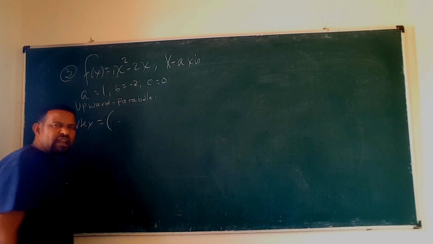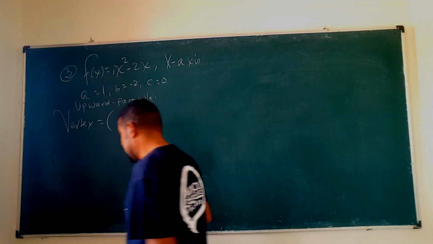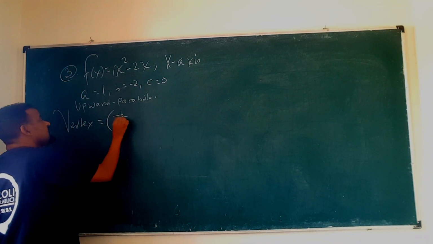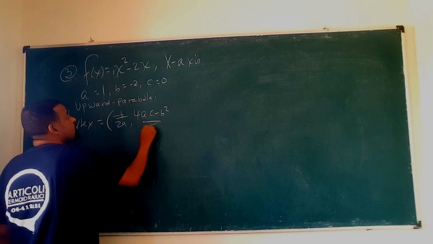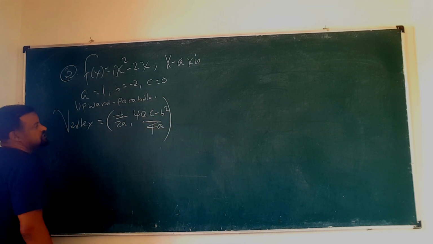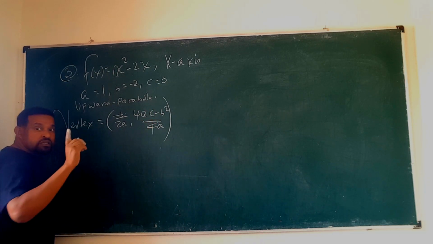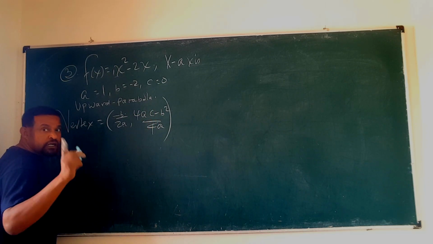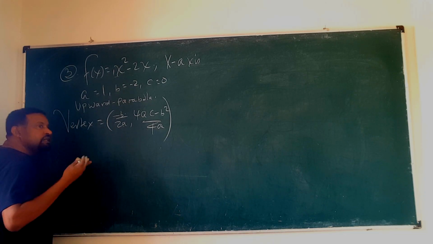Okay, the vertex of any parabola is given by negative b over 2a, comma, 4ac minus b squared over 4a. That video you should see, grade 10 graphs of quadratic function. Your quadratic function graph comes up in the entrance examination.